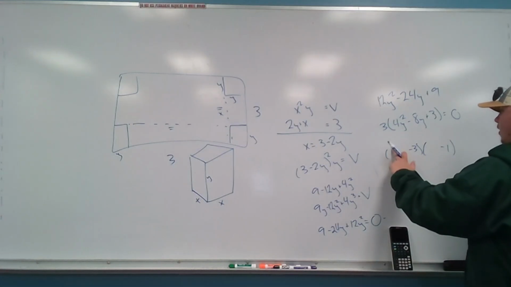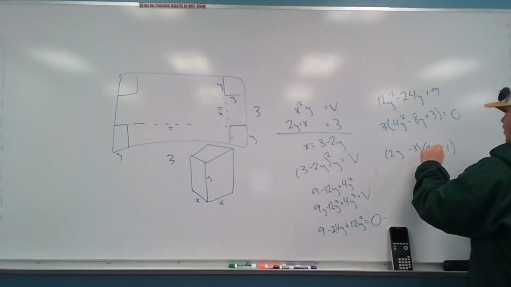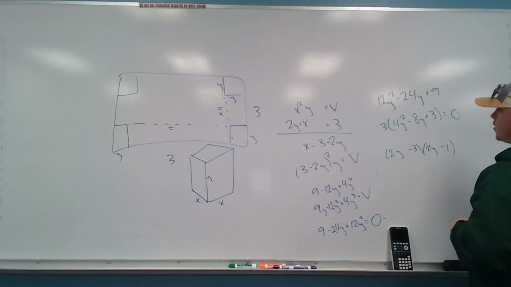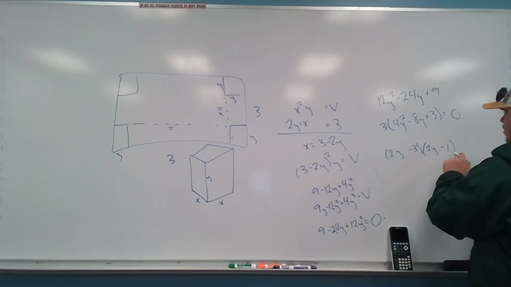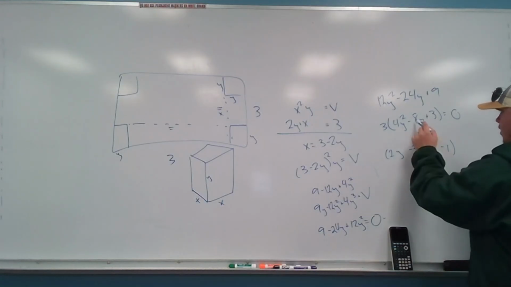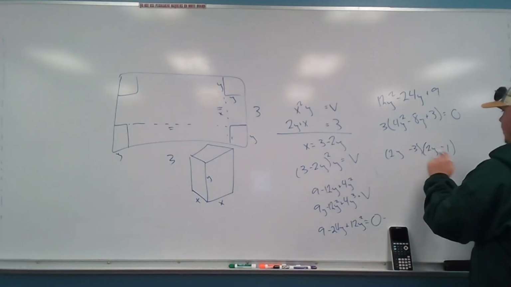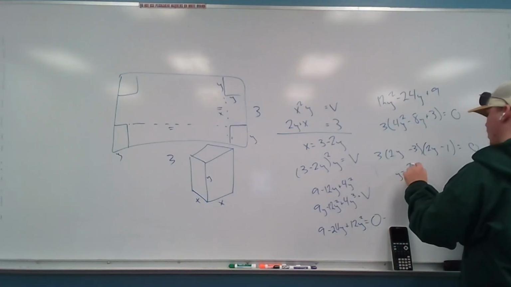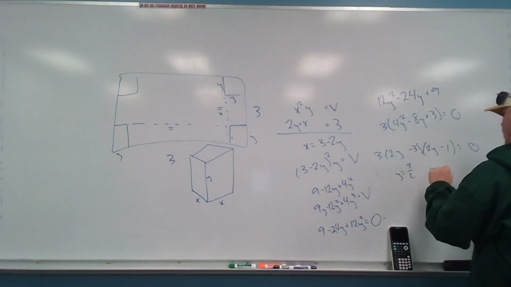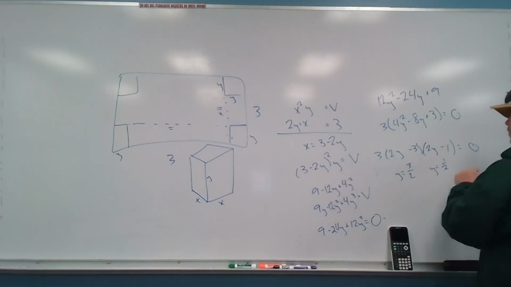Nope, it would be 2y minus 3 and 2y minus 1. So let's see if this gets it right. So 4y squared minus 2y minus 6y is going to be negative 8y, and then that's going to be 3. Okay, so now with this set equal to 0, we can solve: y equals 3 over 2 and y equals 1 over 2.